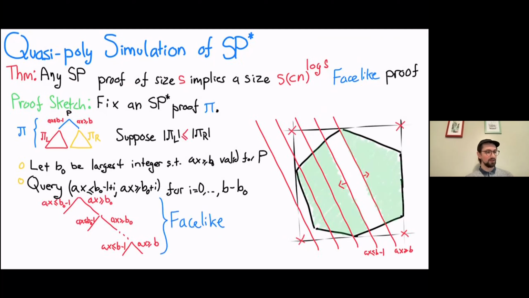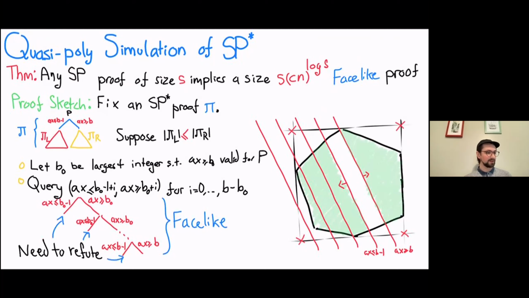But you can observe that after the query AX greater than or equal to B0, AX equal to B is a face of the resulting polytope. And so this is a face-like proof. So now we just need to patch up this proof. Now we need to refute each of these little branches here.